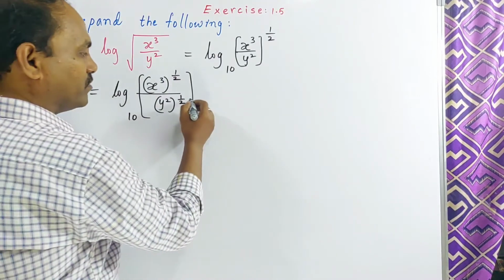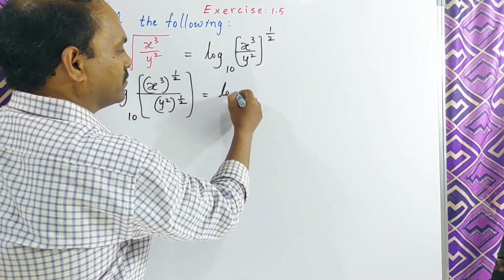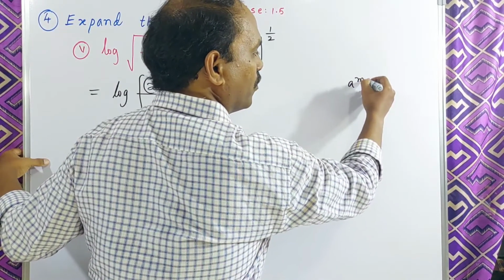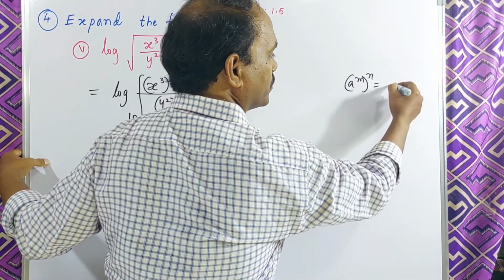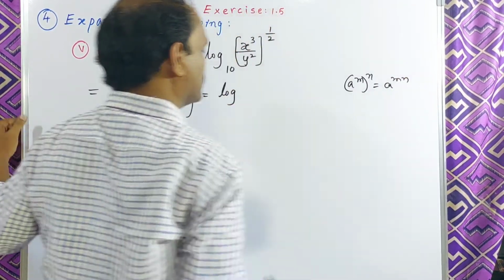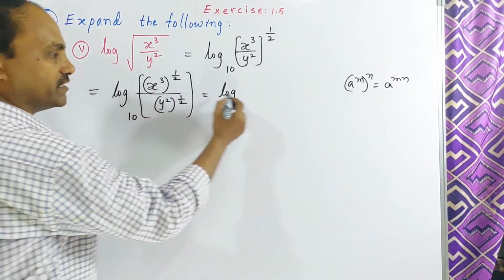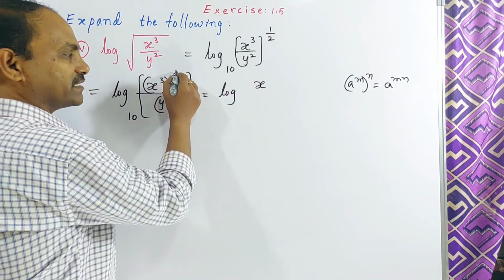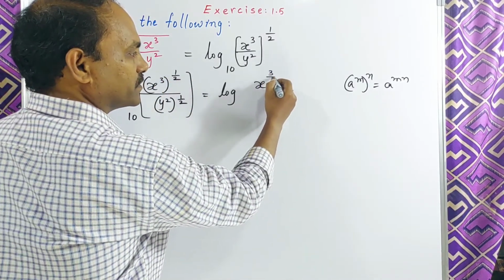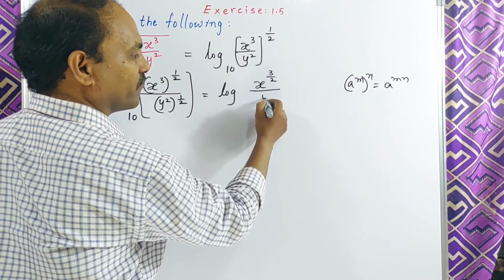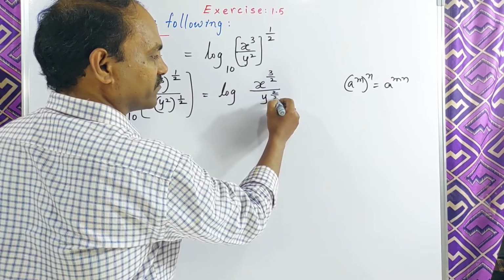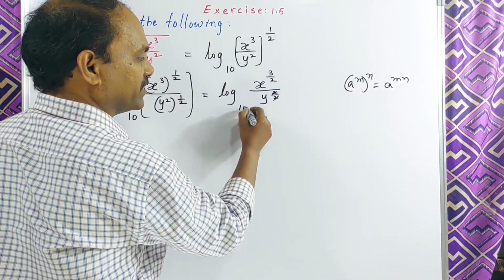Now in exponential form, a power m whole power n is equal to a power mn. That's why we can write x power 3 by 2 by y power 2 by 2, and 2 by 2 means 1, to the base 10.